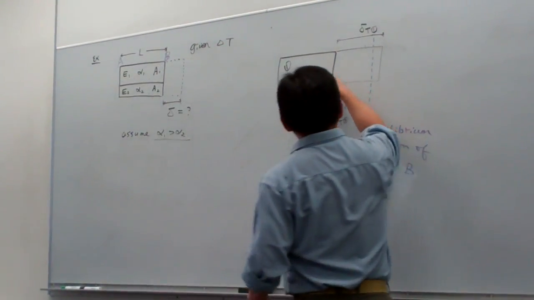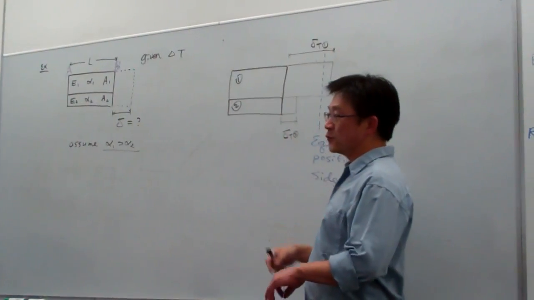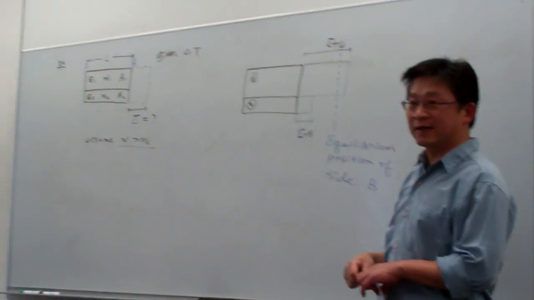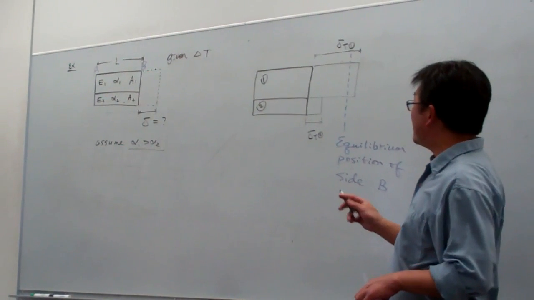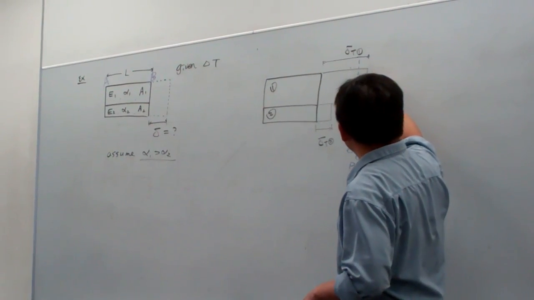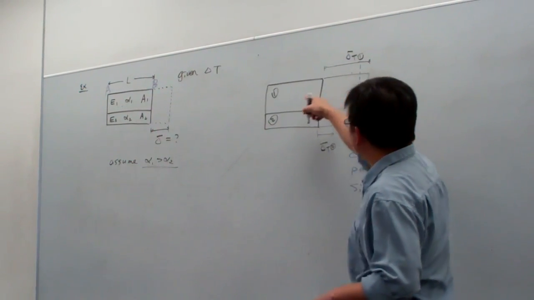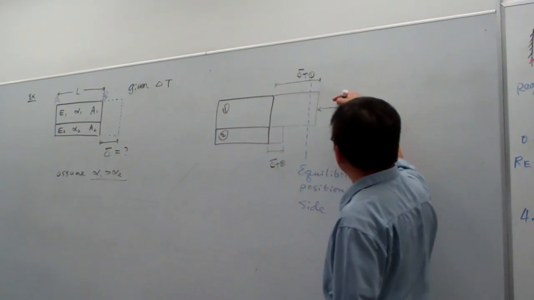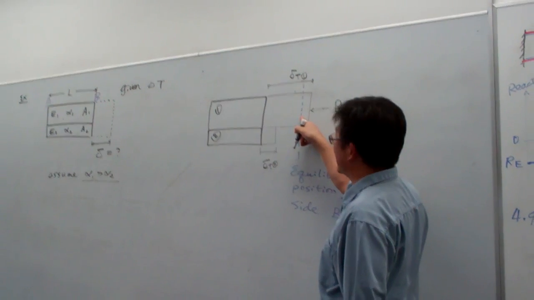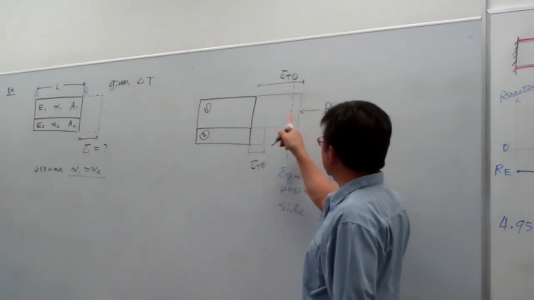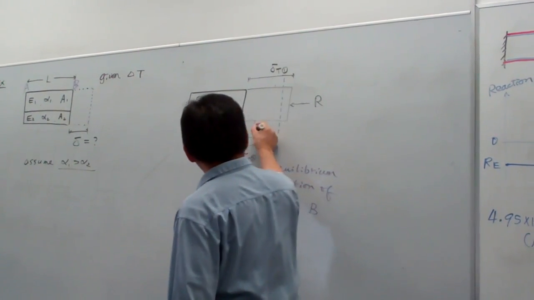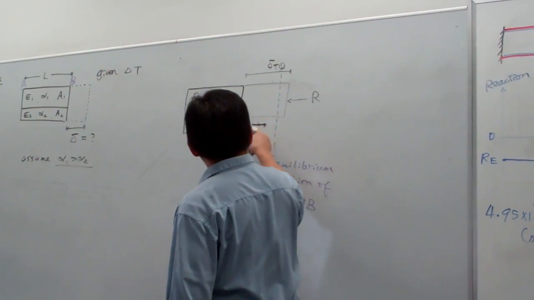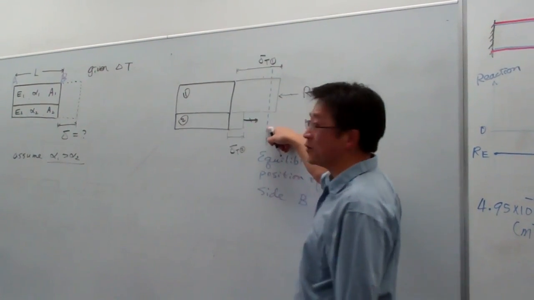So for this case, because the interface is bonded so well, there will exist a reaction. Reaction on material one is to push back. Let me call the reaction R. The reaction is to push back by that much. And by action and reaction, the same amount of force here is going to push longer toward the equilibrium.